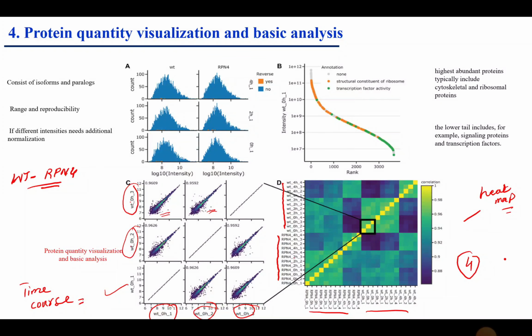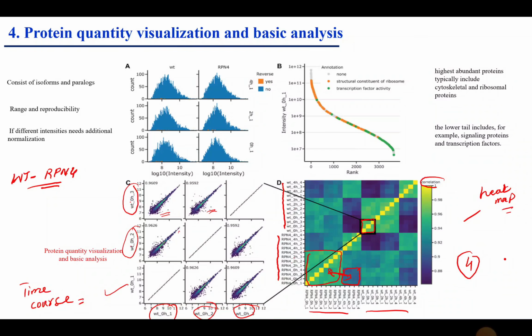If we look further within this heat map, you can see this condition is similar to this one. The same color shows that they are positively correlated, and within this blue color they are positively correlated, but among them they are negatively correlated.